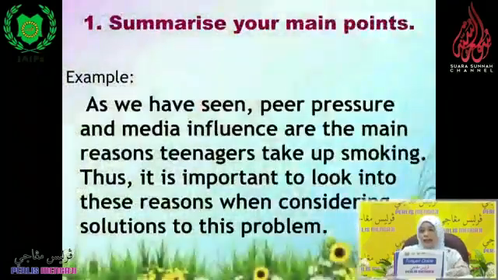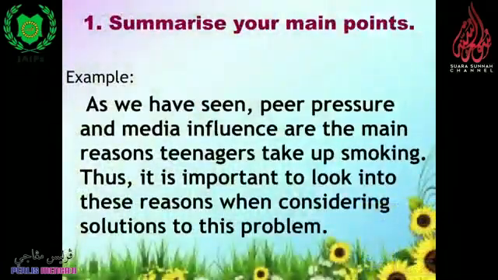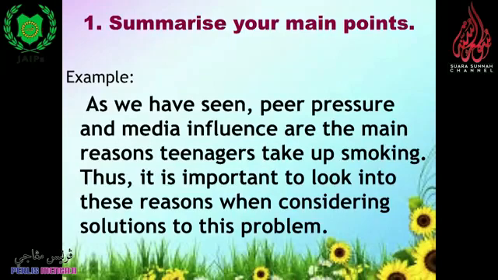The first one is that you summarize your main points. So you can say it like this. As we have seen, peer pressure and media influence are the main reasons teenagers take up smoking. Thus, it is important to look into these reasons when considering solutions to this problem.